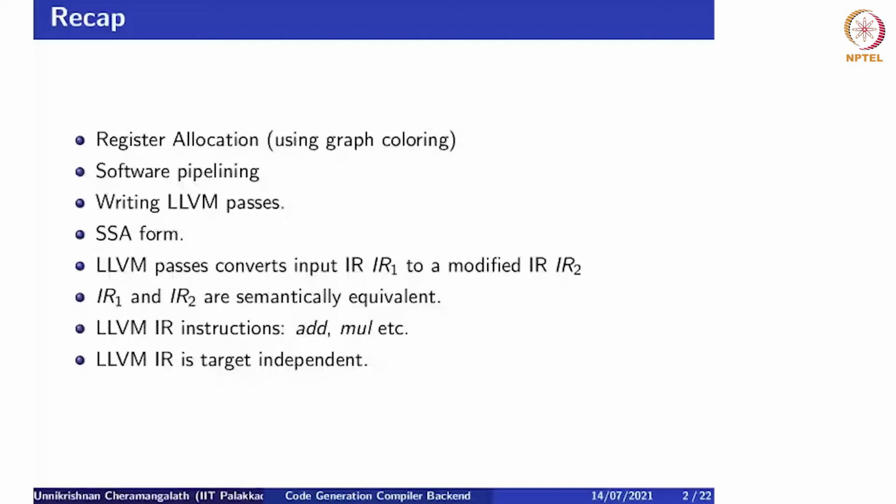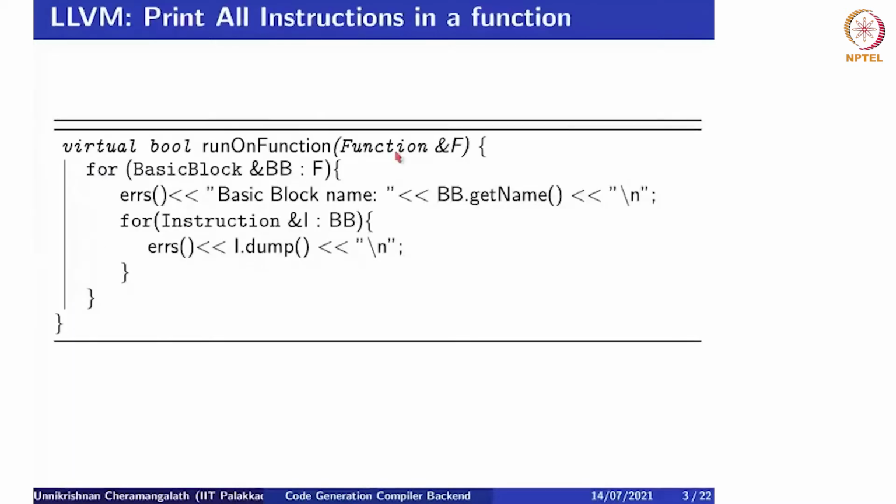So you might have seen code something similar in LLVM IR, where we have a runOnFunction in the LLVM class, where you iterate over basic blocks in the function F, and then you print with errs() the basic block name.